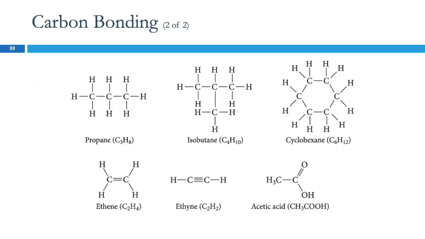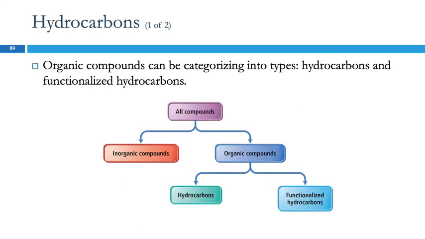These are examples of different organic compounds, and you see they've all got carbon in them, right? And then the rest of it is made up of hydrogen, and then sometimes, like this one, has some oxygen in it. So we could take all compounds, and we could say there's inorganic compounds and there's organic compounds.